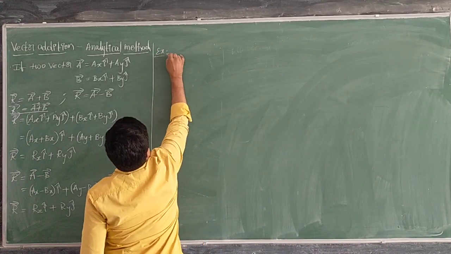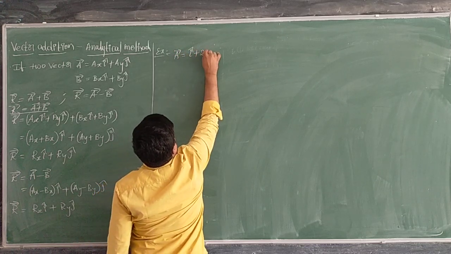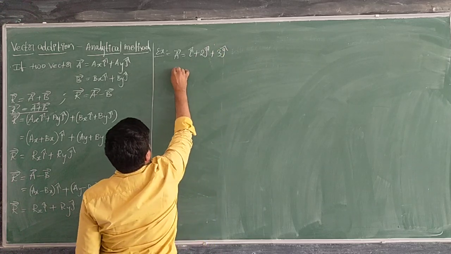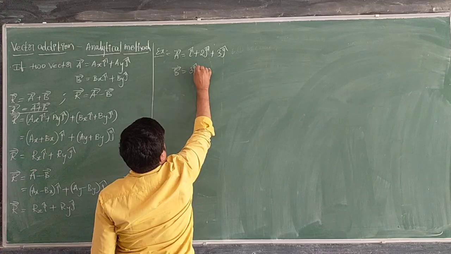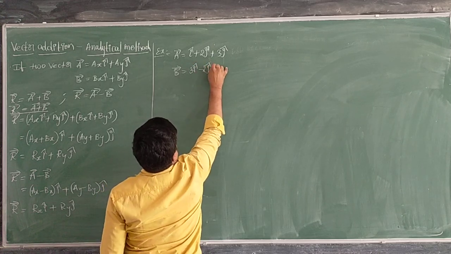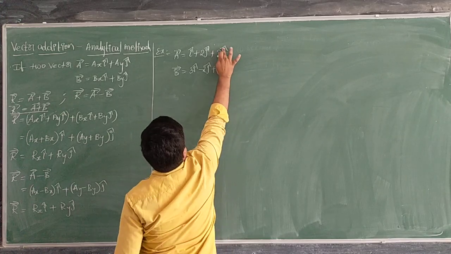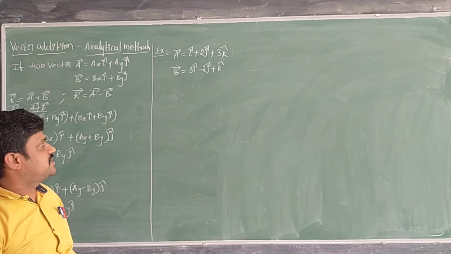Suppose A bar is equal to i cap plus 2j cap plus 3k cap, and B bar is equal to 3i cap minus 2j cap plus k cap. Here i cap, j cap, k cap are the unit vectors along the x-axis, y-axis and z-axis.